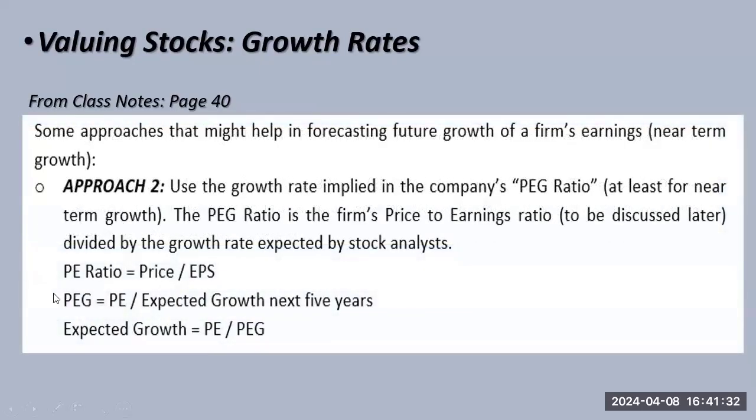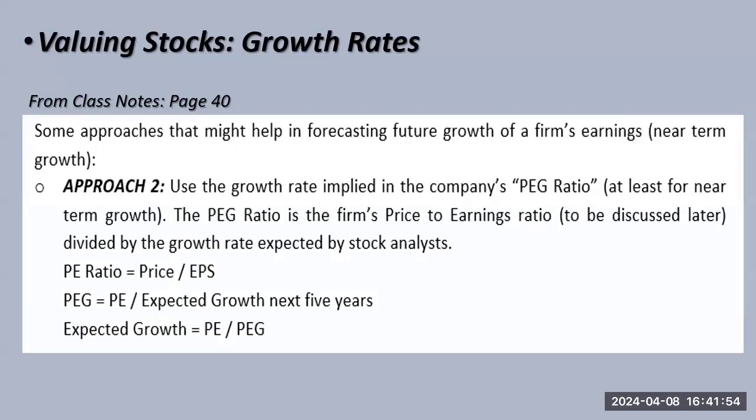The second one I call the PEG ratio approach, which is what the market thinks their growth rate is going to be. We're going to talk about PE ratios pretty soon, but a PE ratio is your price divided by your earnings per share. It's essentially how much you're paying for $1 of earnings.